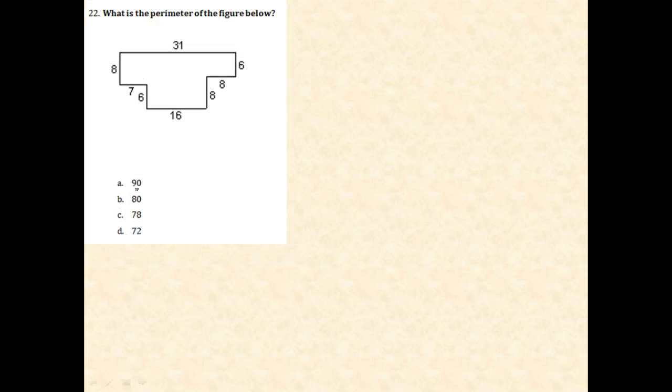What is the perimeter of this figure? Perimeter, if it's not a standard shape that we know a formula for, is always found by just adding up the lengths of the sides. So we need to add these up.